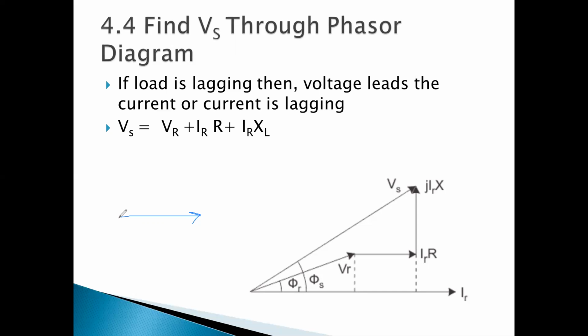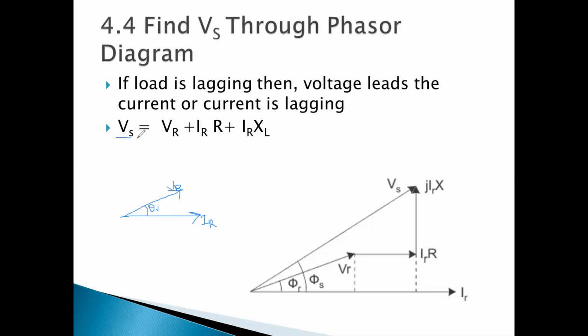But in an inductive load, the voltage is ahead of the current. We call this angle the receiving angle, theta r, because we are talking about the receiving end voltage Vr and receiving end current, as the load is connected at the receiving end.